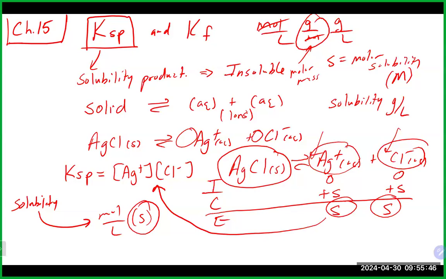All right, so I think we finished up on an example where we saw that for silver chloride, the solubility was something like 0.002 grams per liter. That is a very, very small amount, which is why we think of silver chloride as being insoluble, because you definitely are not dissolving very much there.